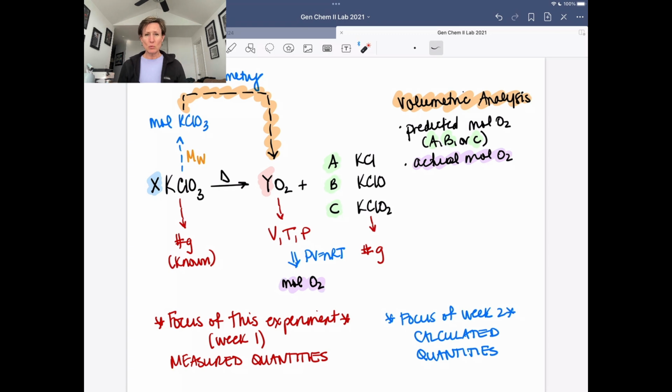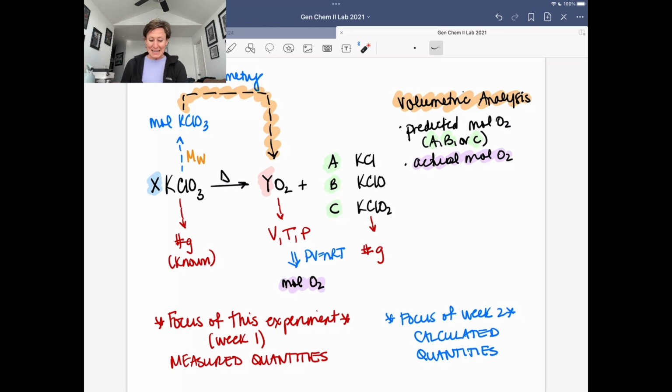And like we've done before with so many things, we're going to see which one of those match up, and that's going to be evidence that suggests one of these 3 possible products. Okay, so that's volumetric analysis. That's again a calculation that's going to use the volume of gas that's liberated to determine sort of how much predicted oxygen we make. And then again, we'll use calculation to determine the actual amount.